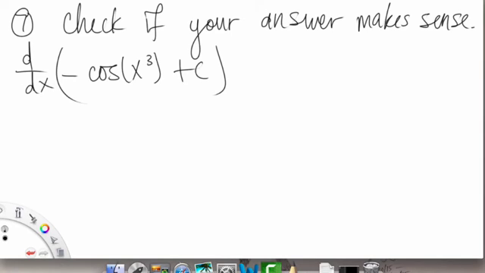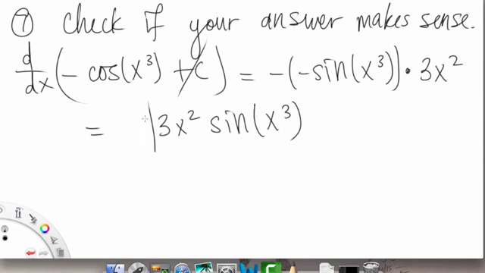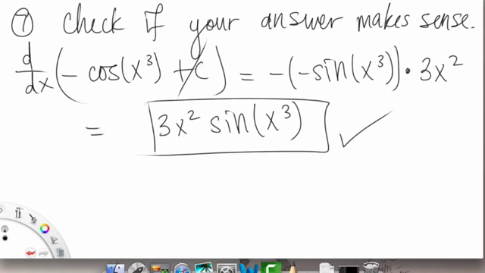So we're going to take the first derivative. That's going to be a negative sine of x to the third, and from the chain rule, we're going to multiply times 3x squared. And this c goes away to 0. Okay, so we end up with a positive 3x squared times sine of x to the third. And that actually turns out to be what was originally in our integrand. So we are all good to go.